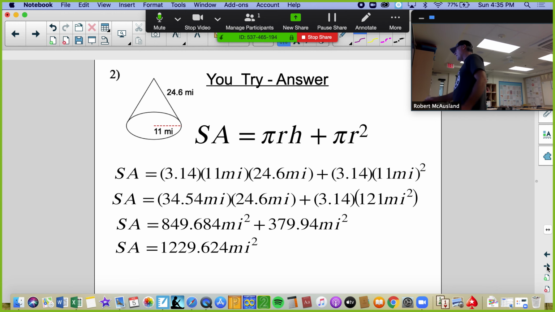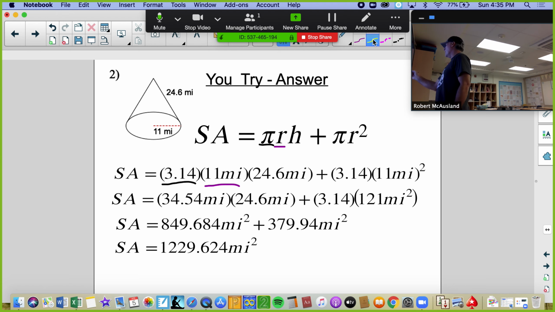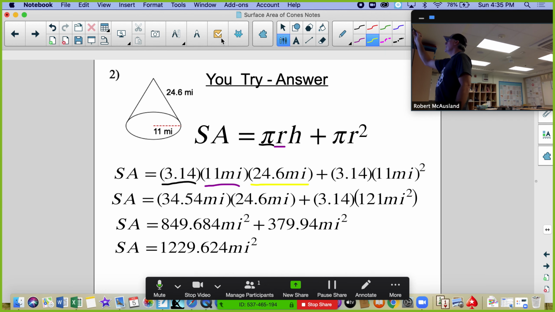Pause it, and then when you're ready, unpause it, and we'll see the solution. So here we have pi r h plus pi r squared. We're going to plug in 3.14 for pi. Our radius is going to be 11 miles, and our height is going to be 24.6 miles.